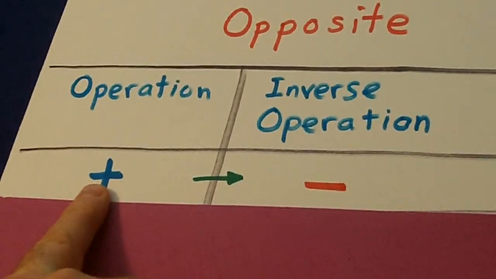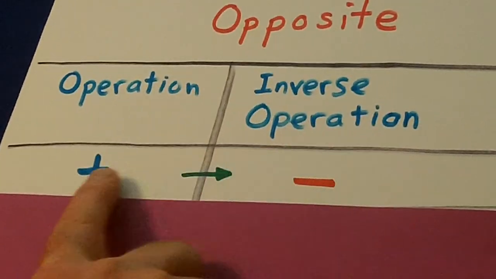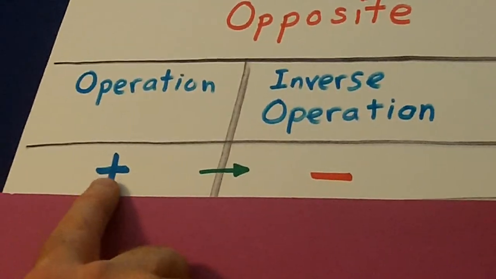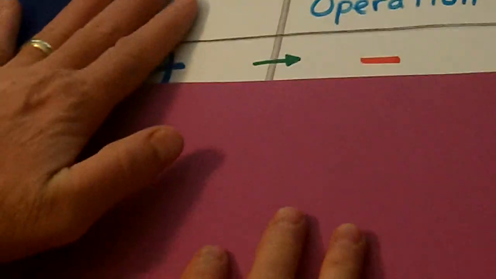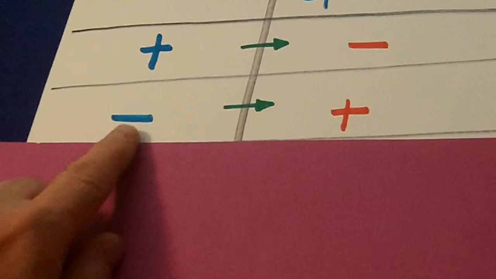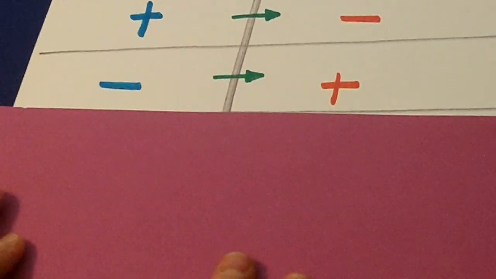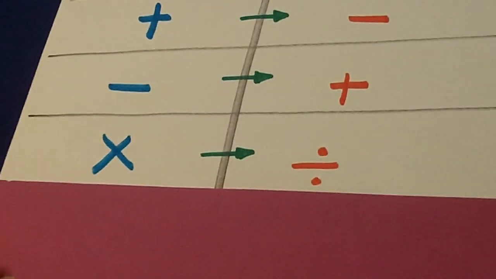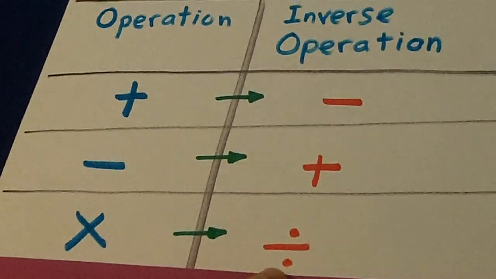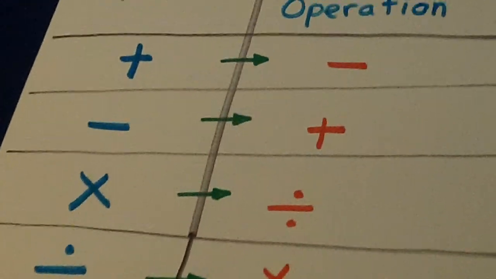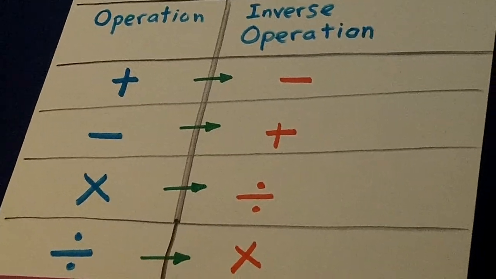When we have an addition sign and we want to find the inverse operation of addition, the opposite of an addition sign is a subtraction. The inverse or opposite of a minus sign is addition. Now, if we have a multiplication sign, the inverse or opposite is division, and then the inverse or opposite of division is multiplication.